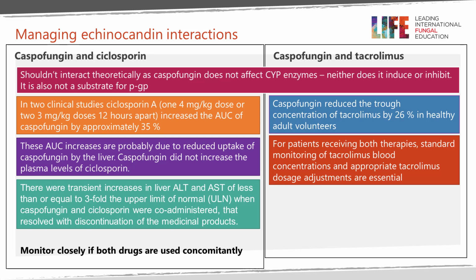So just look at some of these interactions that may not theoretically be predicted and you may not think will happen, but it is important that we keep an eye on the few parameters that perhaps may need to be monitored when patients are taking such drugs.